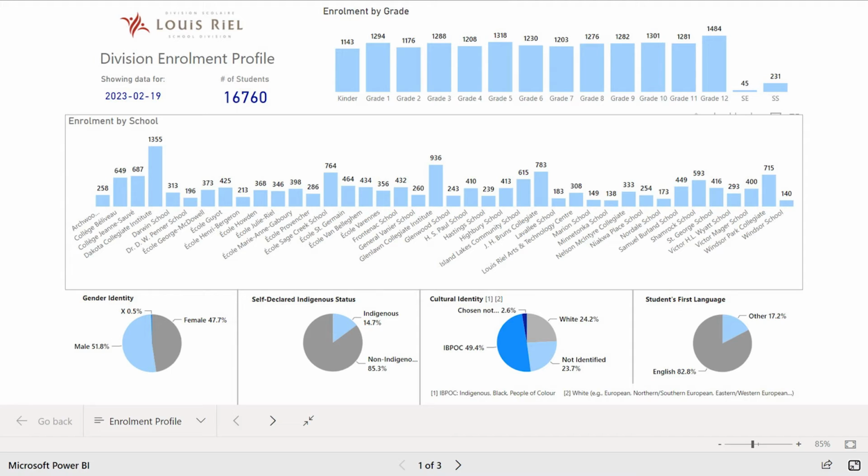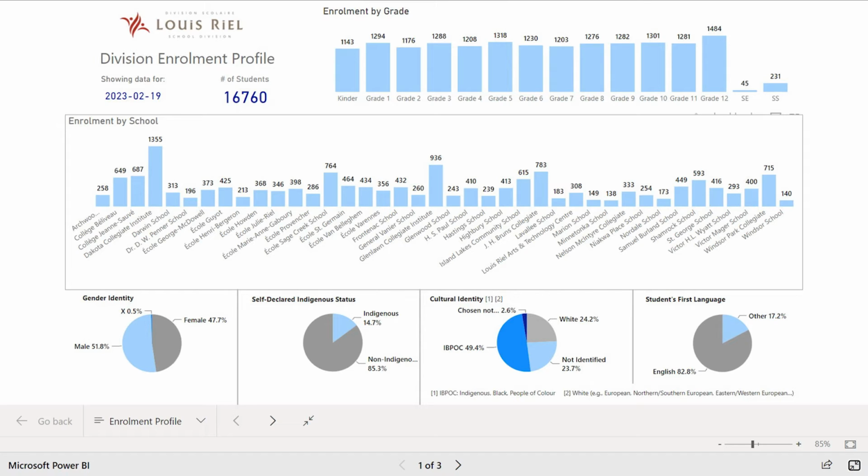And it's about the enrollment in LRSD as of, I took a screenshot on Sunday. I was thinking maybe I'll just go to the reports today, show you some of our data, but thought it wiser to just take screenshots and do this. But it's on the website. And so here we're showing something about who we are in LRSD.